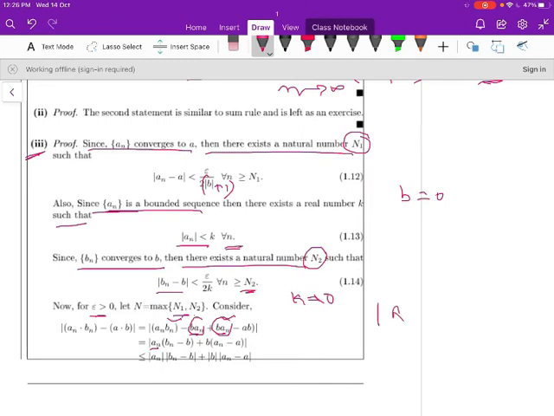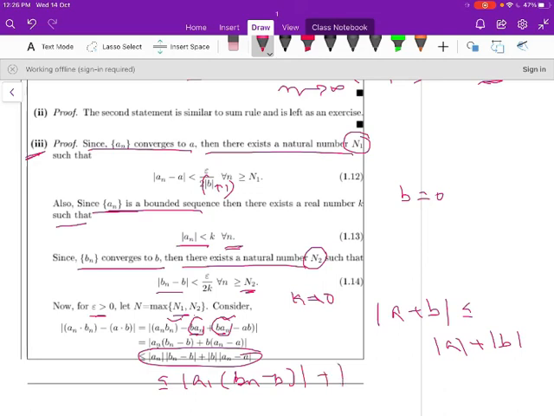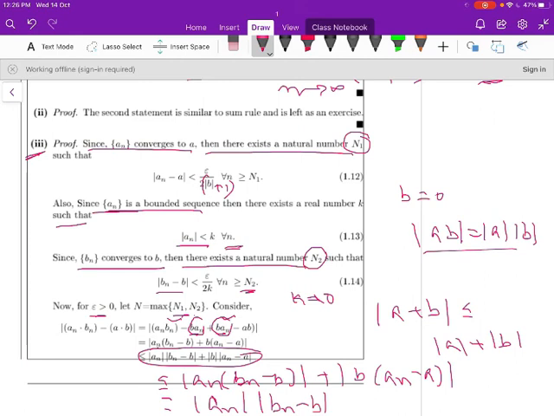Again using the triangular inequality, modulus of a plus b is less than or equal to modulus of a plus modulus of b, we can write this as less than or equal to modulus of an times bn minus b plus modulus of b times an minus a. Also, the modulus of a product is the product of the moduli, so this equals modulus of an times modulus of bn minus b plus modulus of b times modulus of an minus a.